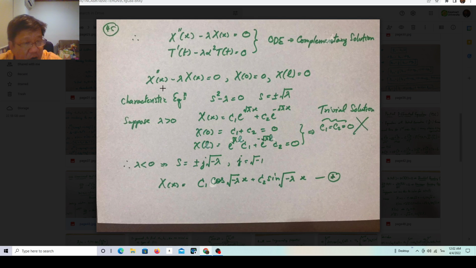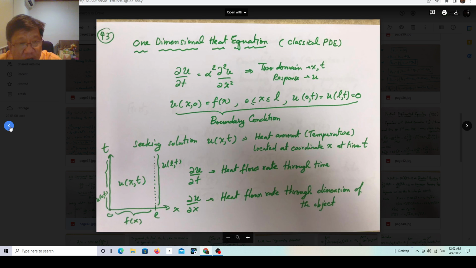The first one, you get this equal to 0, and then you have a boundary value problem. Why do I get this X(0)? Remember that for t we have a boundary condition of this. For any t, you get u_x(0,t) and u_x(L,t) equal to 0.